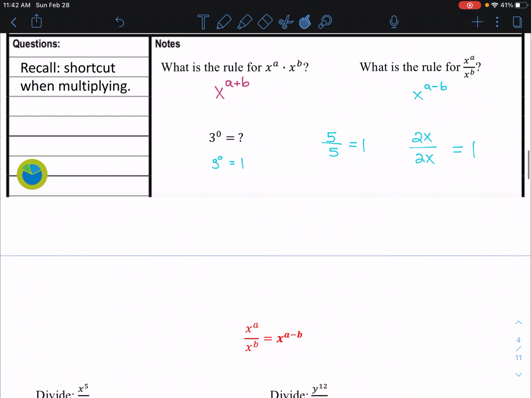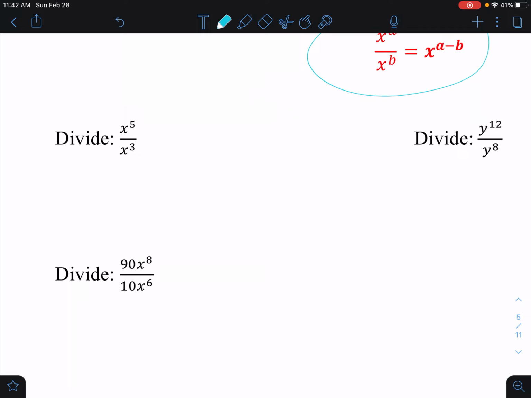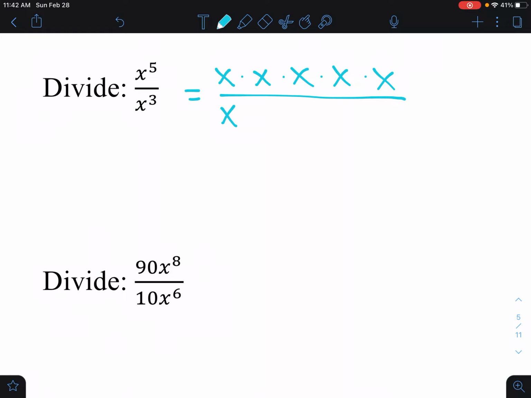All right, so we just said our rule for dividing is this: as long as the bases are the same, we can subtract the exponents. Well, why is that? Let's try expanded notation, and you'll see why. On the top here we have 5 x's, and on the bottom we have 3 x's.